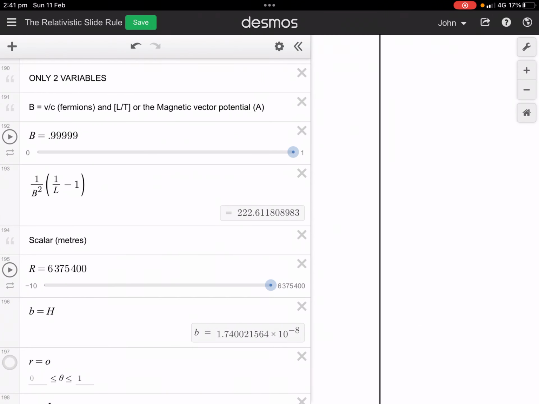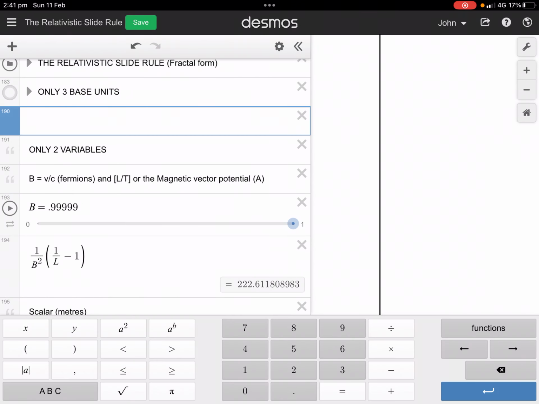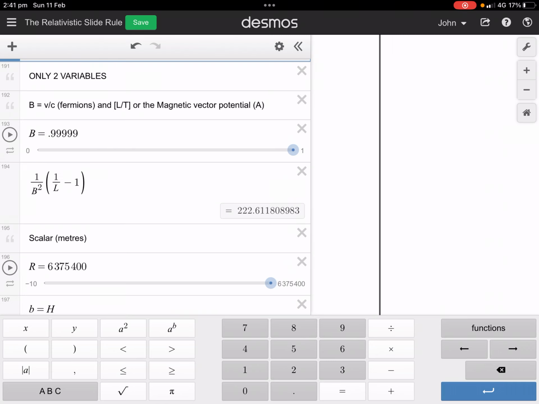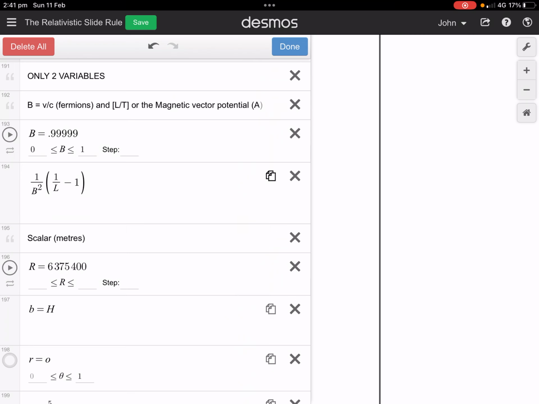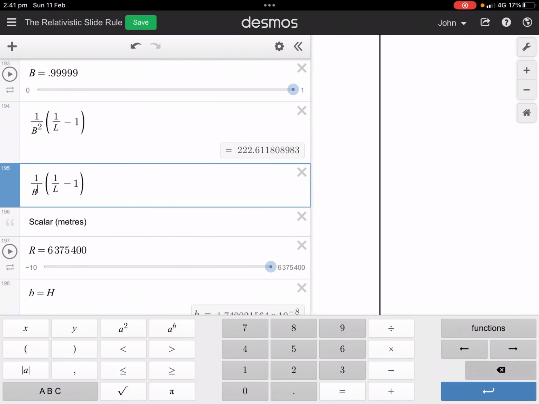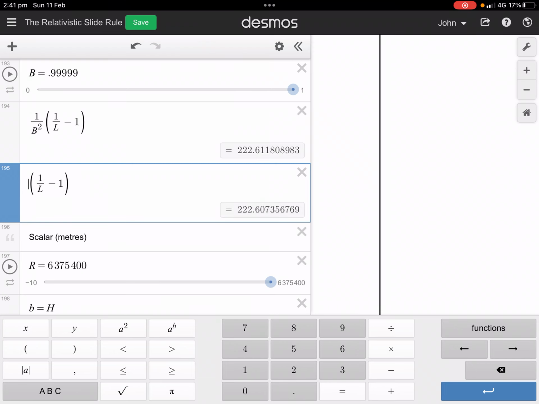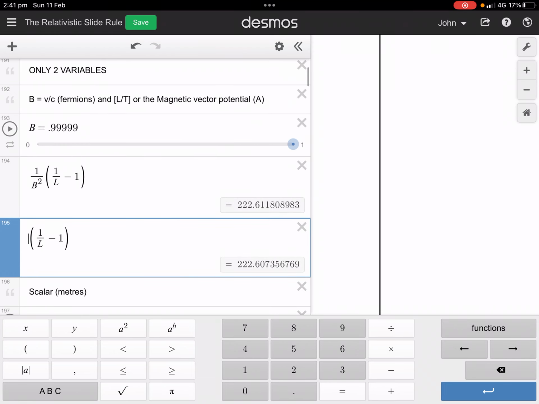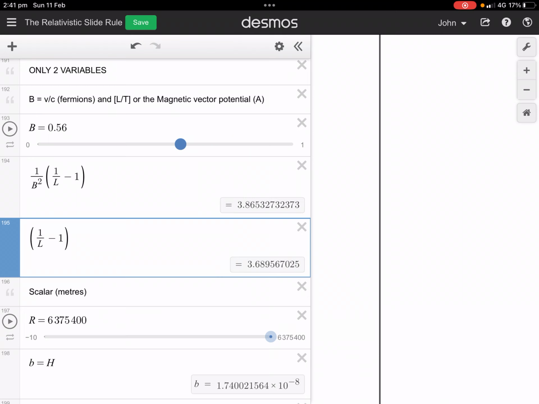Oops. Normally they just use this one here. See, it's about the same. But as the velocity drops, they start looking a bit different.